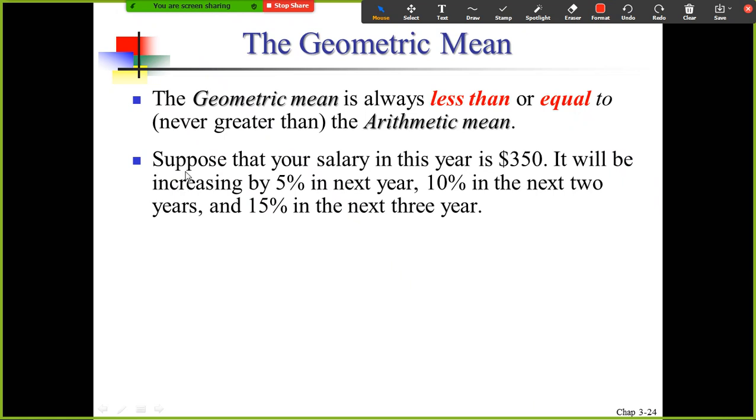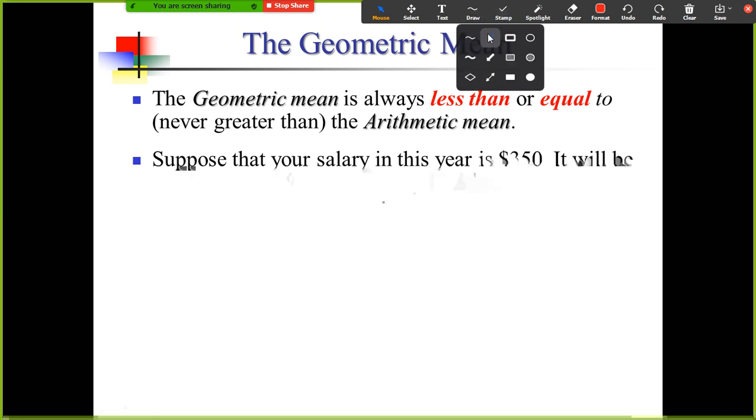For example, suppose that your salary this year is 350.